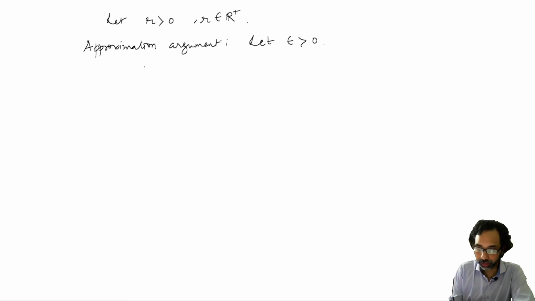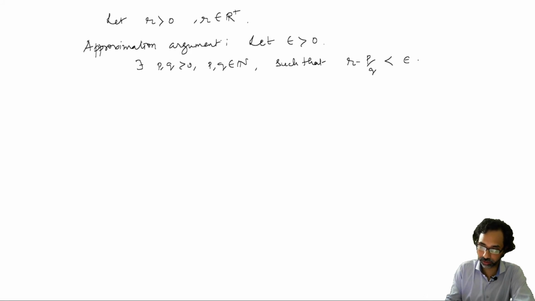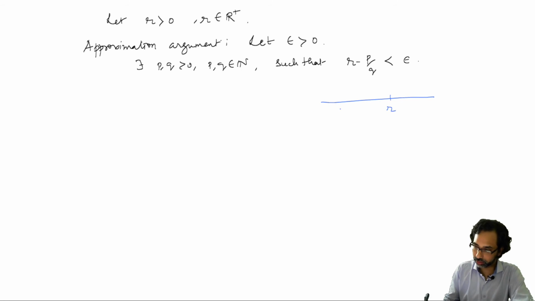Now by the density of rationals in the reals, there exist p, q greater than 0, natural numbers, such that r minus p by q is less than epsilon. So this is our number r, and here we are choosing p by q, and this distance is less than epsilon.